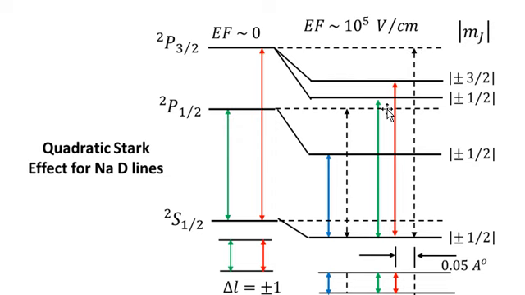These two levels can be inferred from the value of J, which is 3/2. For J equal to 3/2, the degeneracy will be lifted and we have Mj values. But in the case of an electric field, we have the mod Mj values. So for these two levels, the mod Mj values will be mod of plus or minus 3/2 and mod of plus or minus 1/2. When J is 3/2, the allowed values of Mj are plus or minus 3/2 and plus or minus 1/2, and in the Stark effect we take the absolute value of these Mj values.